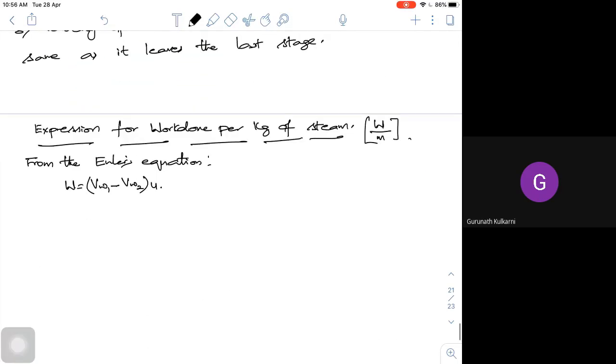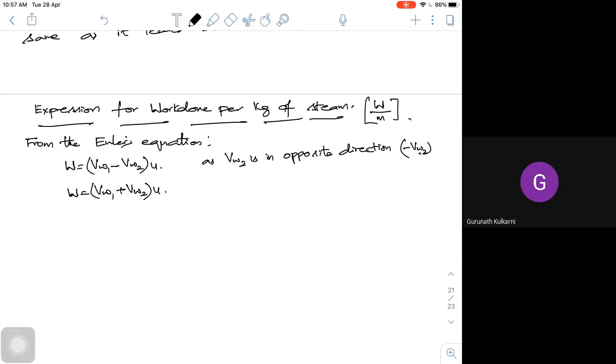As VW2 is in the opposite direction, it is minus VW2. So my work done expression I can write as VW1 minus of minus VW2, into U. The original expression is VW1 minus VW2.